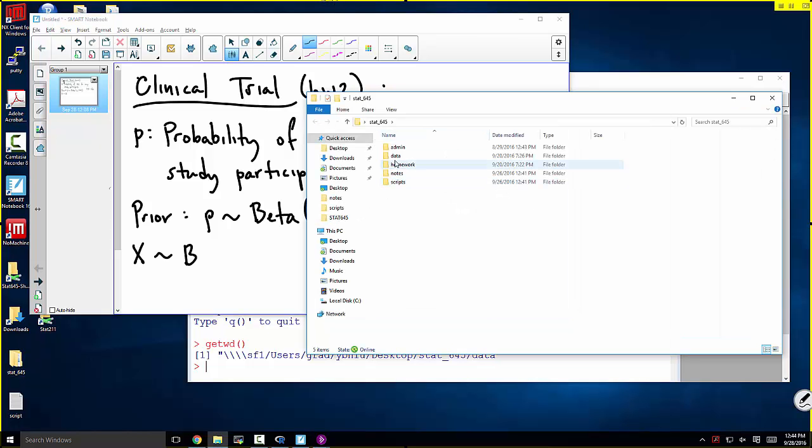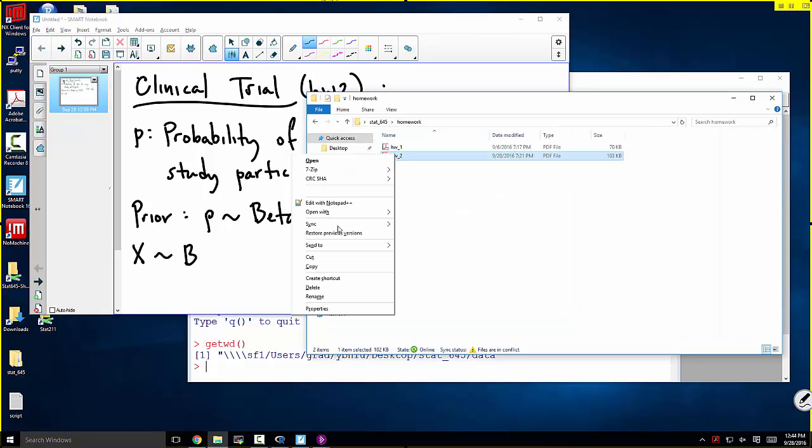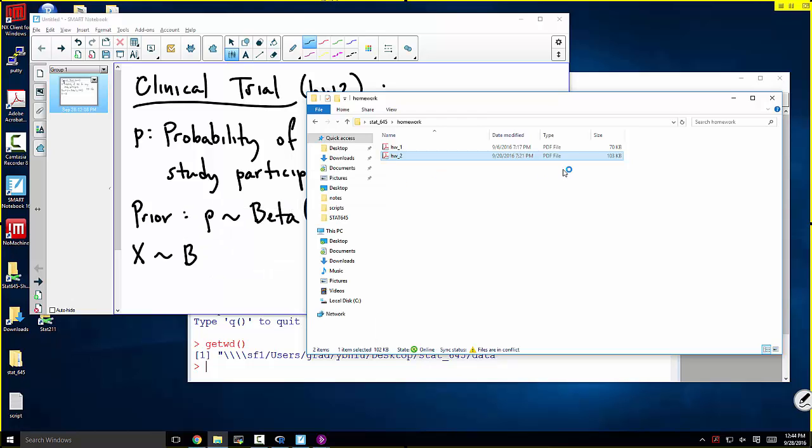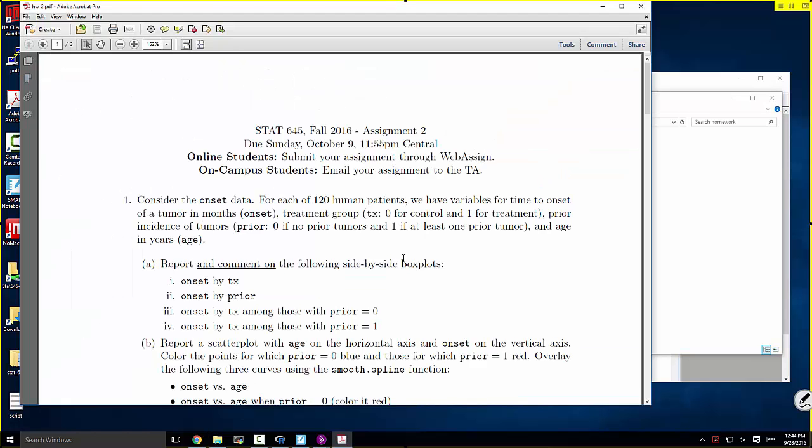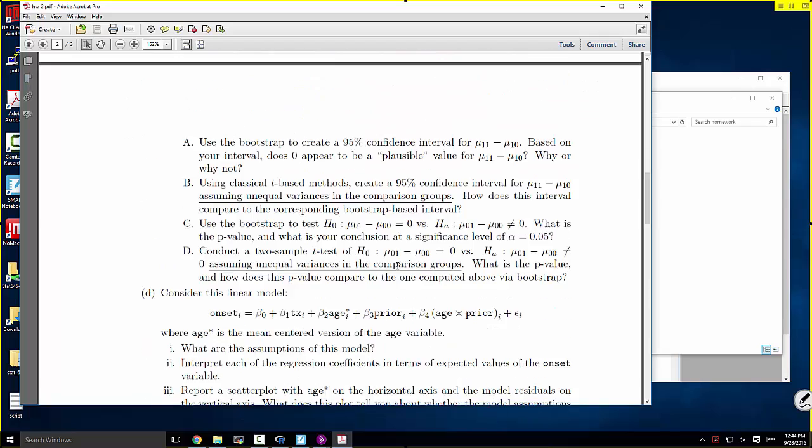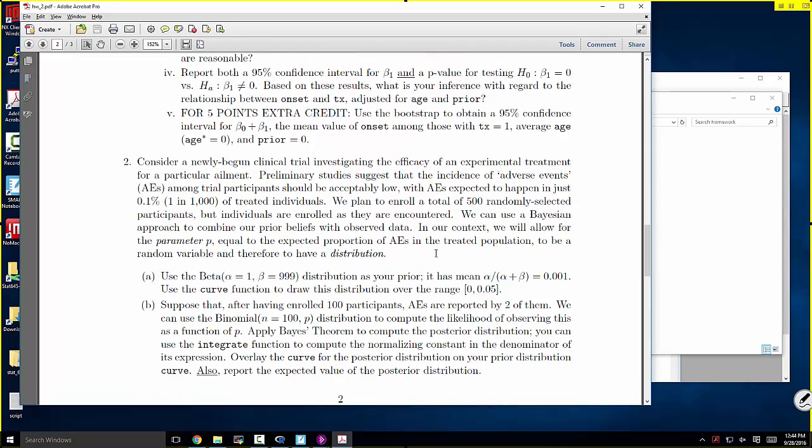Let me open up the homework. We initially saw 100 individuals and 2 of them had adverse events.